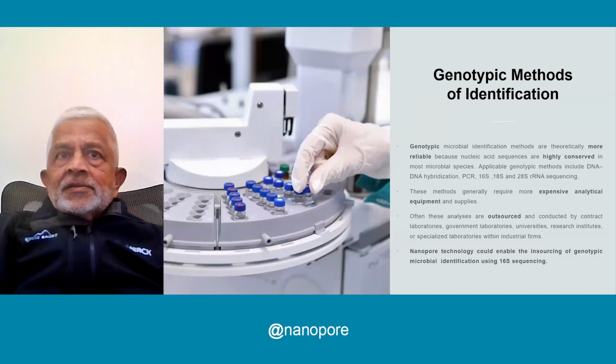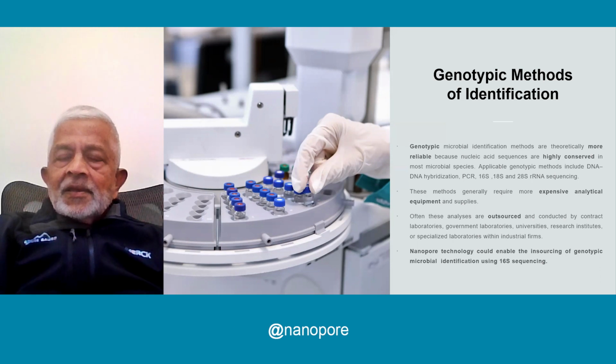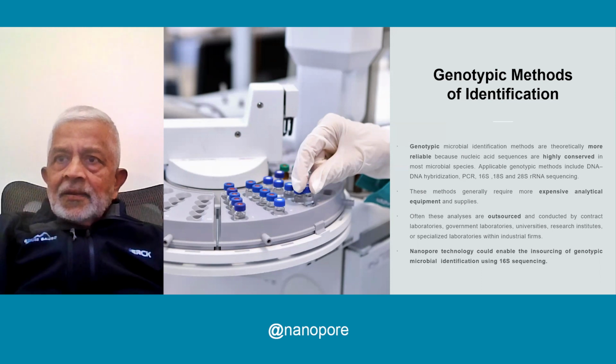Genotypic methods are considered more reliable and advanced because they're based on nucleic acid sequences which are highly conserved. As I briefly alluded to, these are more expensive than typical phenotypic methods, and for this reason, genotypic methods are frequently outsourced and conducted in contract laboratories.